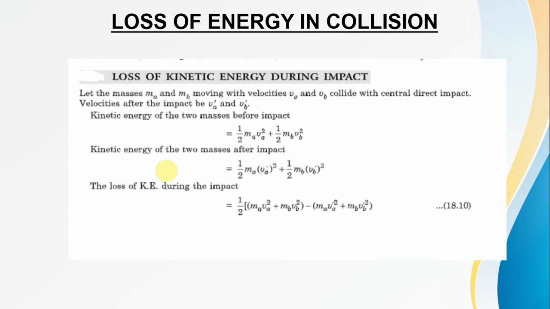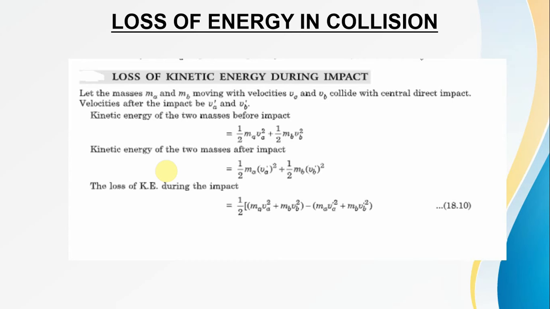Now let us suppose there are two masses Ma and Mb having velocities Va and Vb. They collide with each other with central direct impact, right? We have already talked about what central direct impact is. Central direct impact is basically when the line of impact passes through the center of the two masses, as well as the velocities Va and Vb are also aligned with the line of impact.